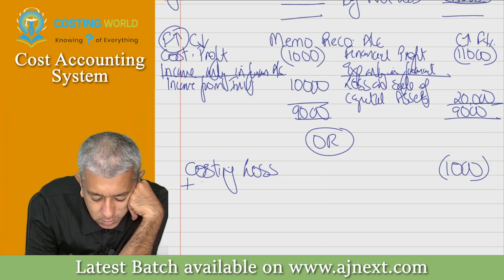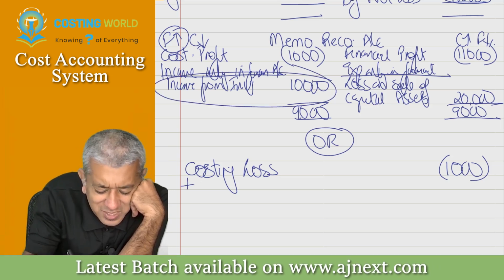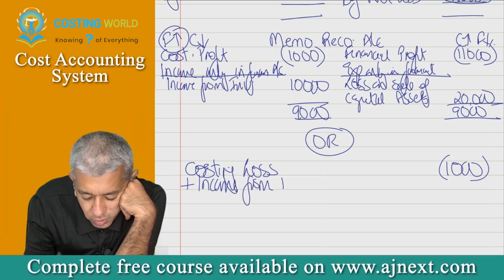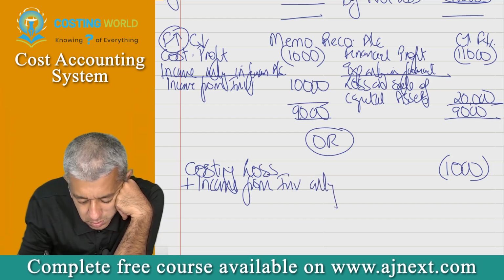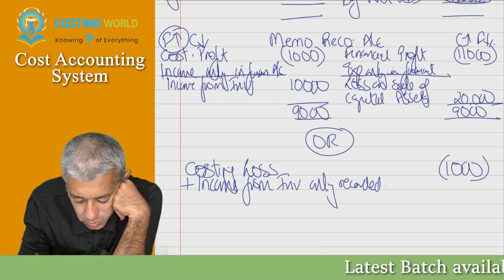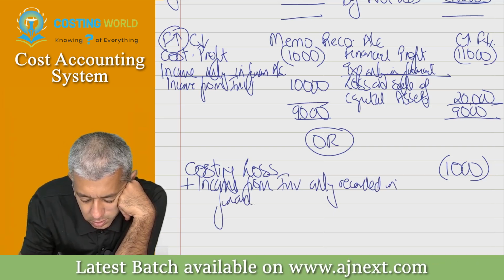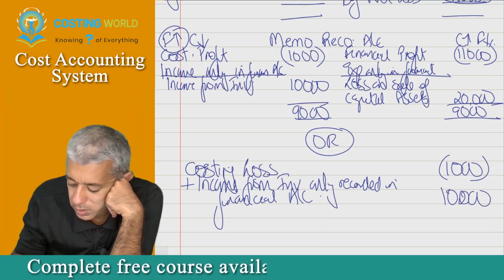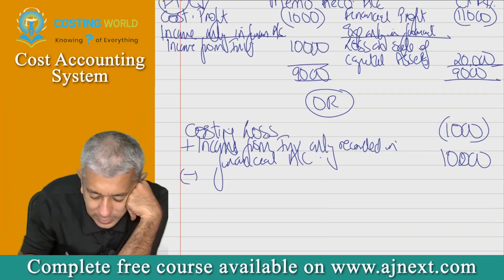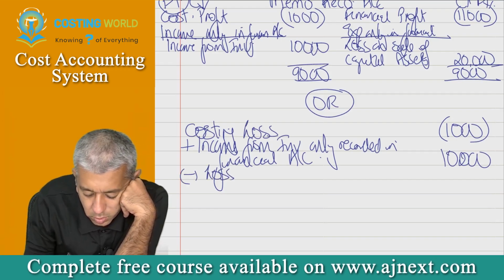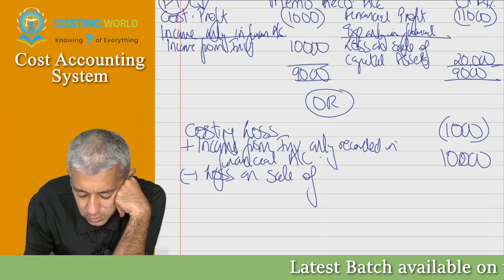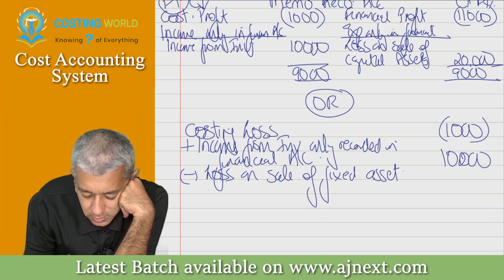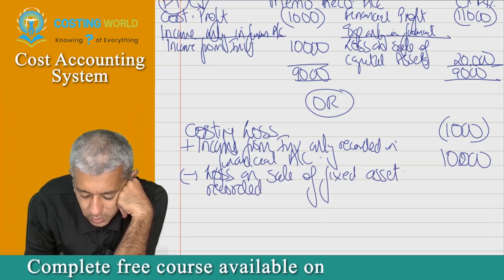Add. Now you can directly write down this transaction. Yes, that's okay. Write down: add income from investments only recorded in financial accounts 10,000, less loss on sale of fixed asset recorded.